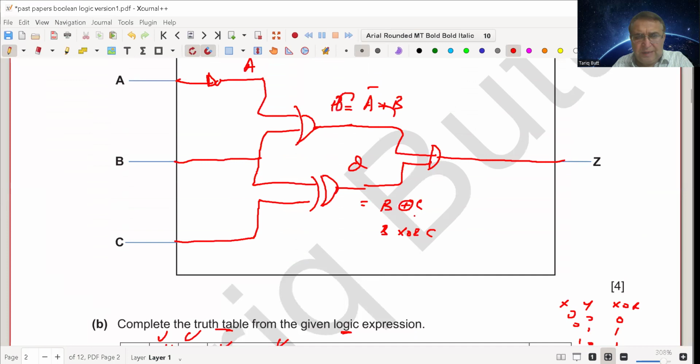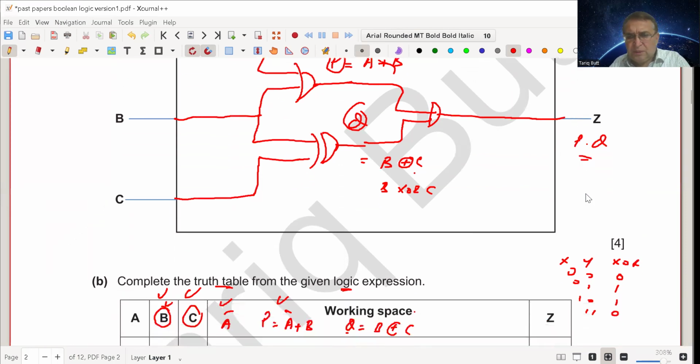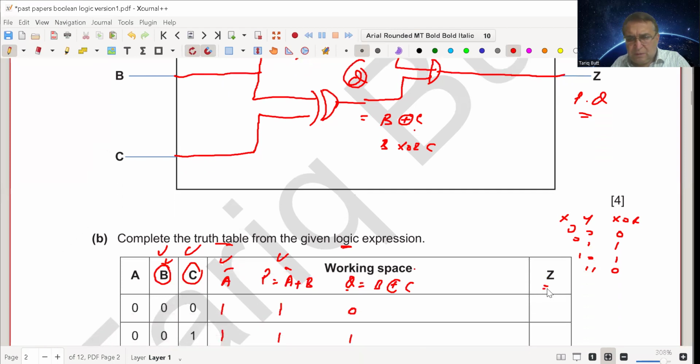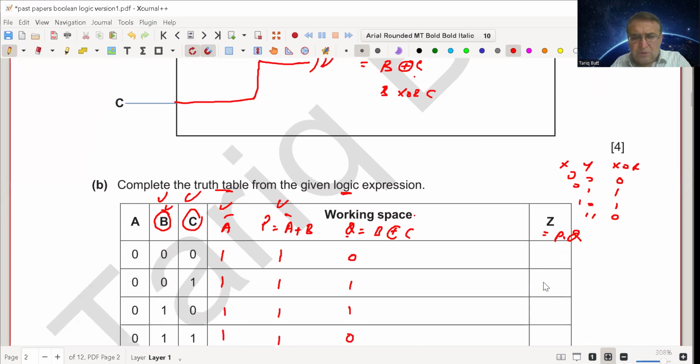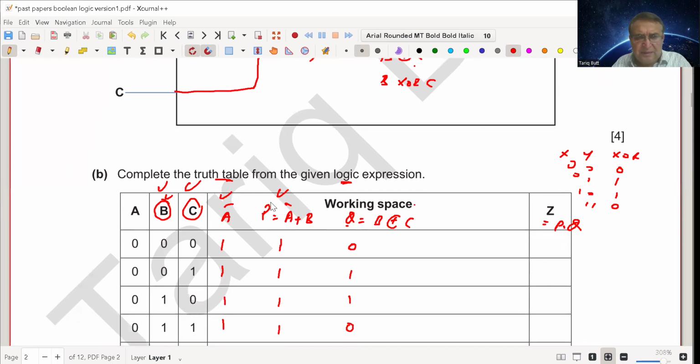So you made P and you made Q. Next, output Z is P and Q, that is P into Q. So you have to just AND the P and Q columns.